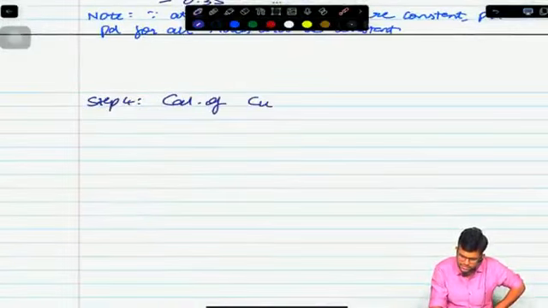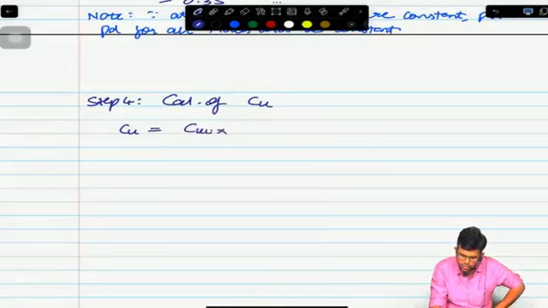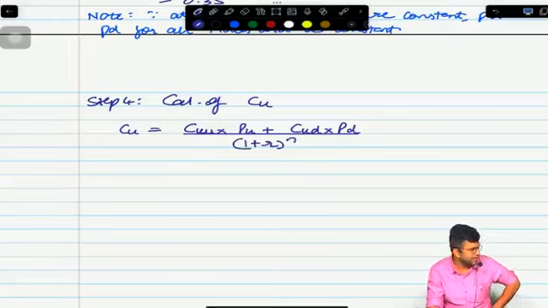Do you realize CU will be CUU into PU plus CUD into PD, the whole divided by (1 plus R) power n. Everybody clear?